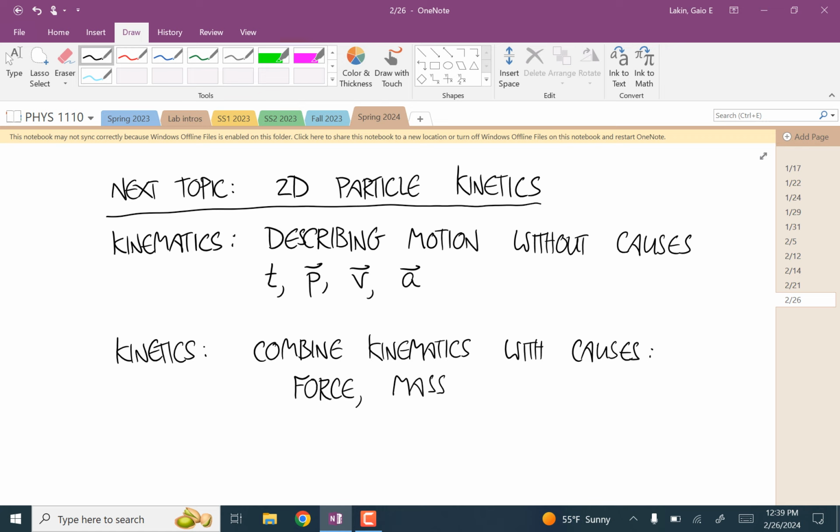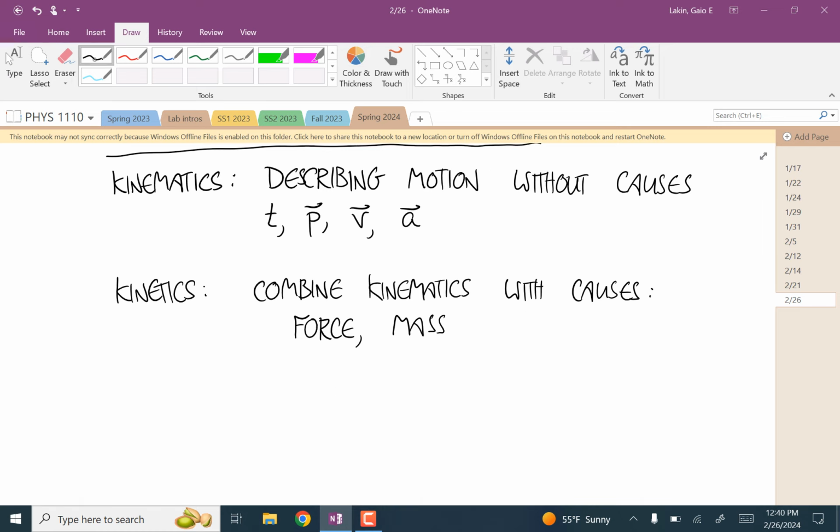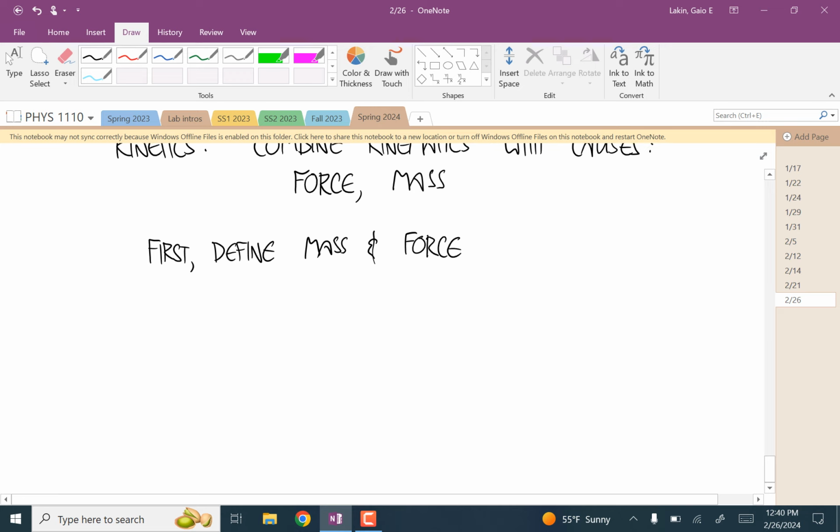So before we can start using the equations of kinetics, which are Newton's laws, we have to first define these two things, mass and force. Okay, so let me start with mass. This is the simpler of the two.